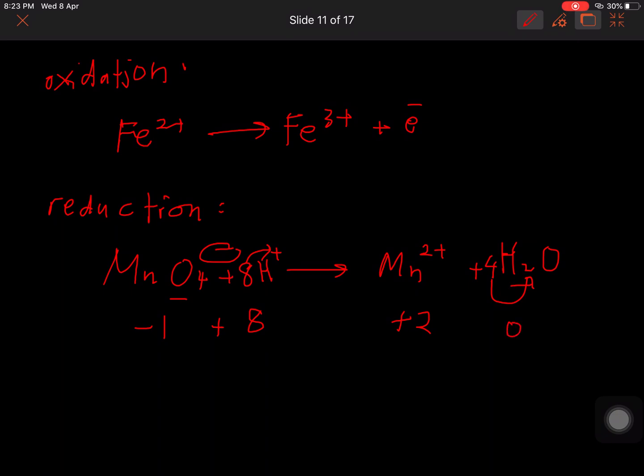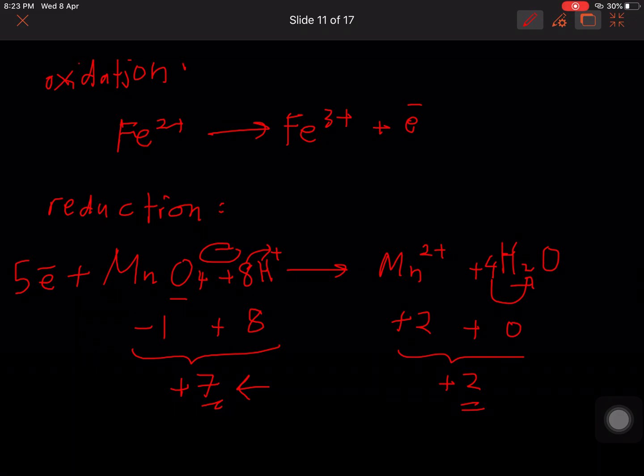And water is 0. All together, negative 1 plus 8 is positive 7. All together, positive 2. So you should add electron here. Excess of proton. So plus electron here. How many electrons? Nak make it balance, 5 and 7 and 2 should plus 5 electron. So you have your half equation for reduction.